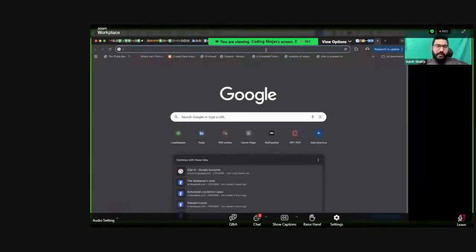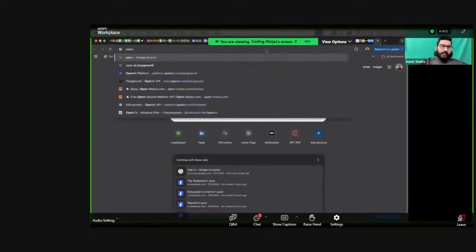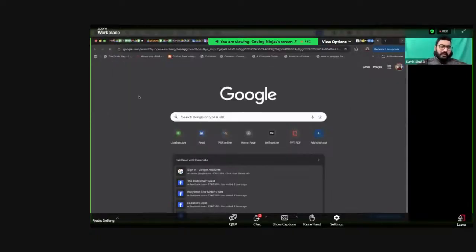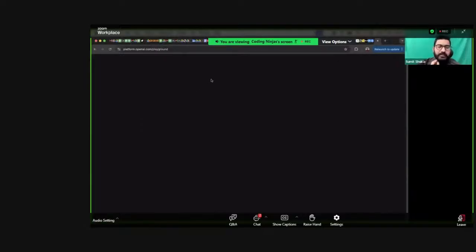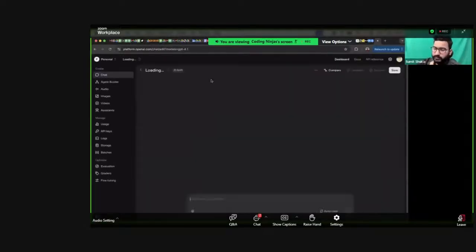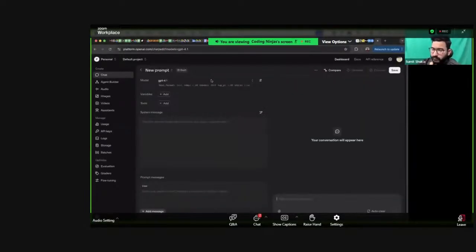Let me open the same website again, OpenAI Playground. And this time I will use the latest model. So here I will choose the latest model, which is GPT-5 chat latest, this one. Let me ask the same question now.